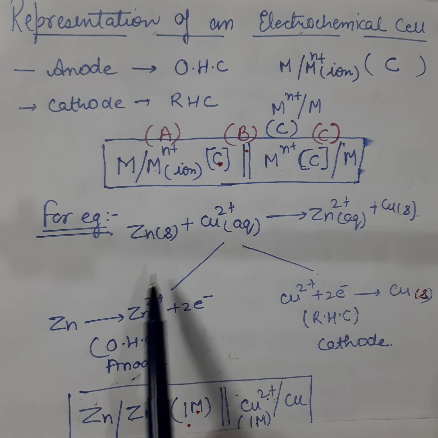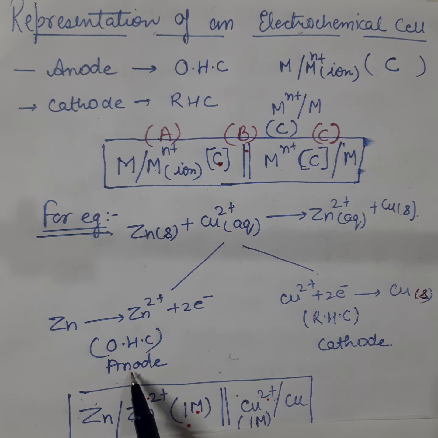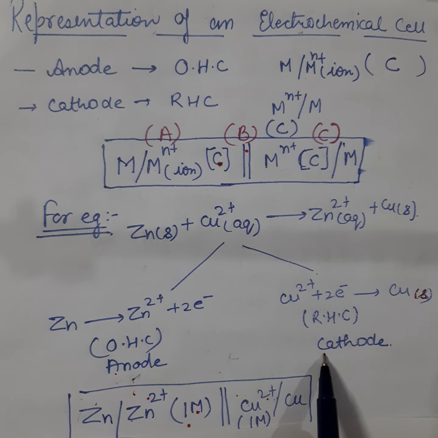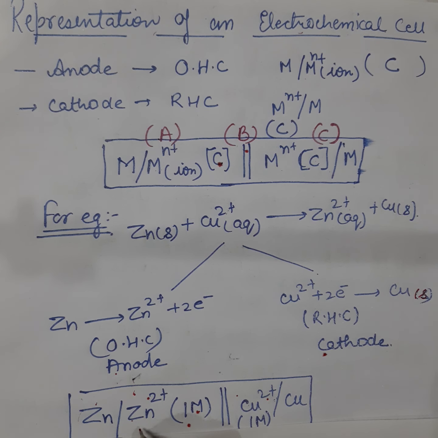Basically, if we have to write a cell for this reaction, then zinc side is known as anode and this side is known as cathode. To follow this format we all have to write in this format only. So here zinc metal, slash or you can write semicolon also, Zn2+, that means zinc and its metal ion, then after that the concentration, that is 1 M, which we have taken in the Daniell cell.